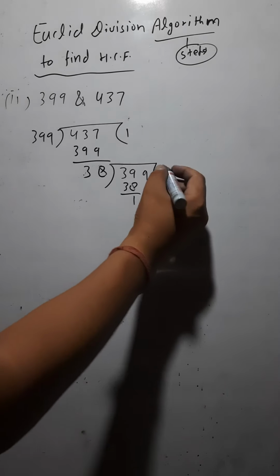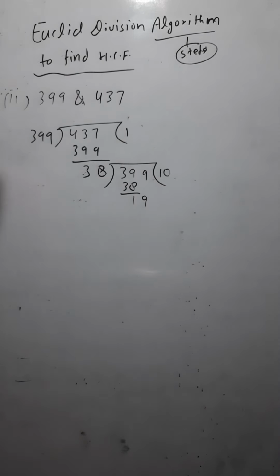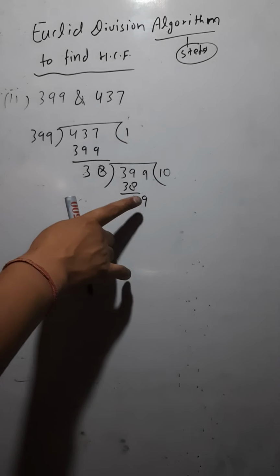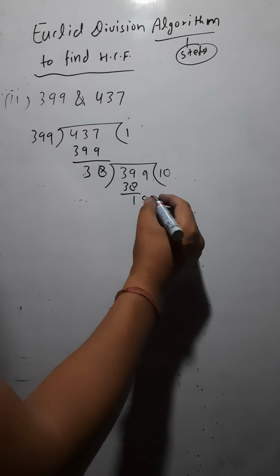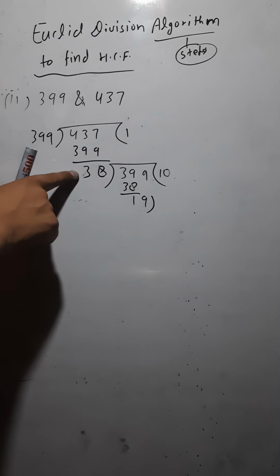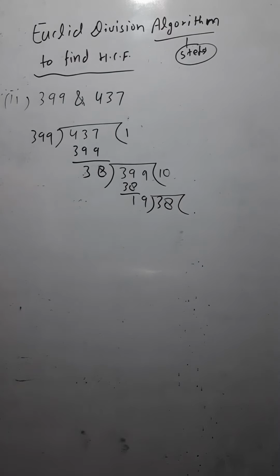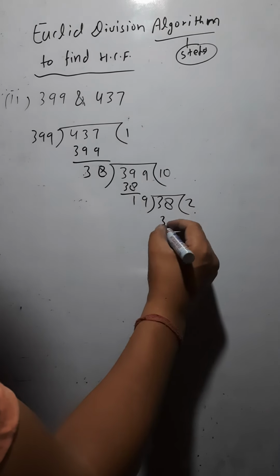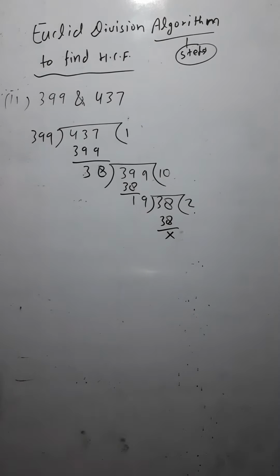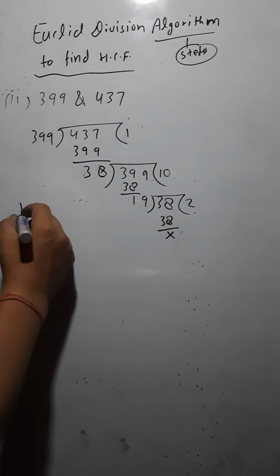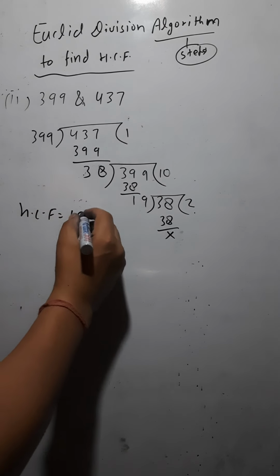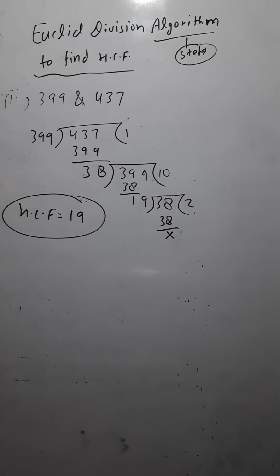No. If it is not divisible, you put 0 here. Now again you are getting a remainder here, so this remainder becomes the divisor, and the previous divisor becomes the dividend. How many times is it divisible now? 19 twos are 38. Completely divisible. So what would be the answer? HCF would be 19.